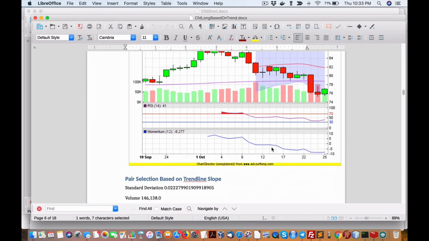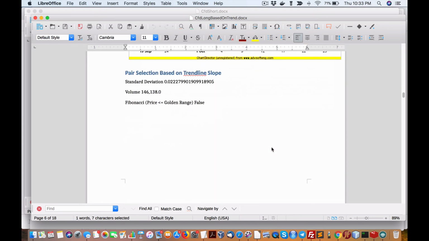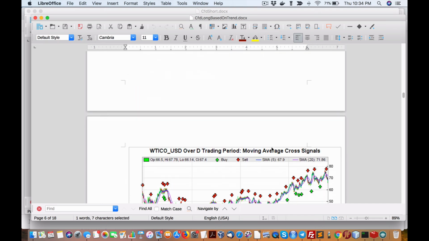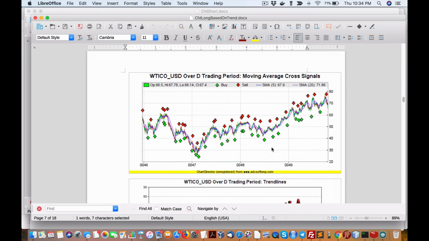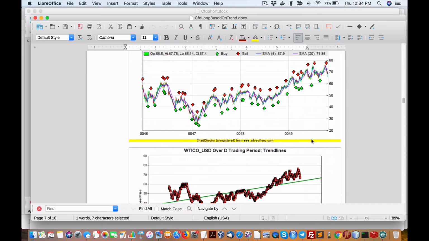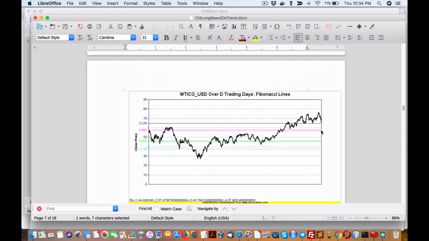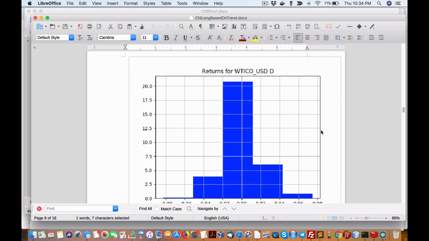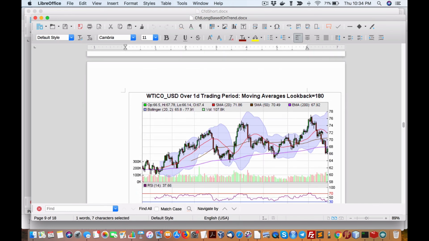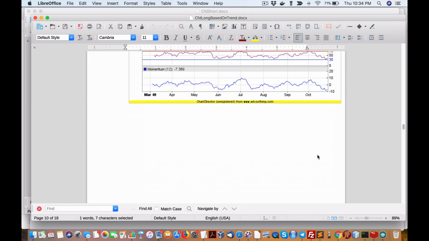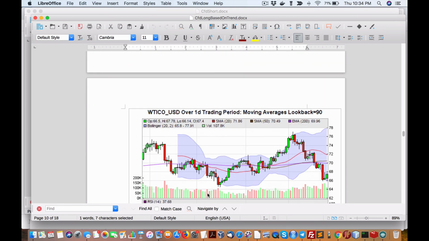And I do have the ability to track via candle and harmonics, which for some reason my system's not generating at this point, but I'll be getting those back up and running because they're very useful. Okay, so you can see here what's going on with the West Texas. But anyways, just wanted to show this to you.